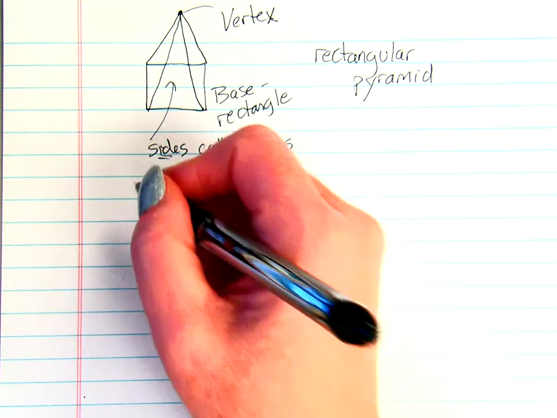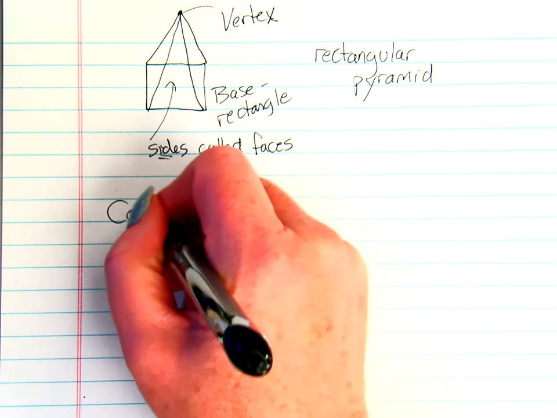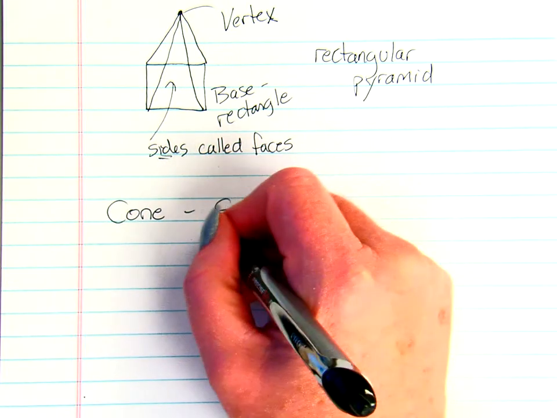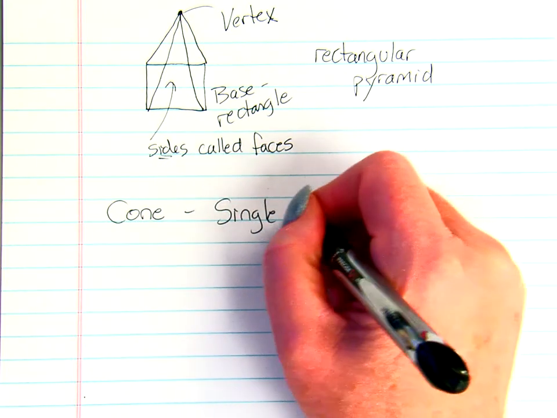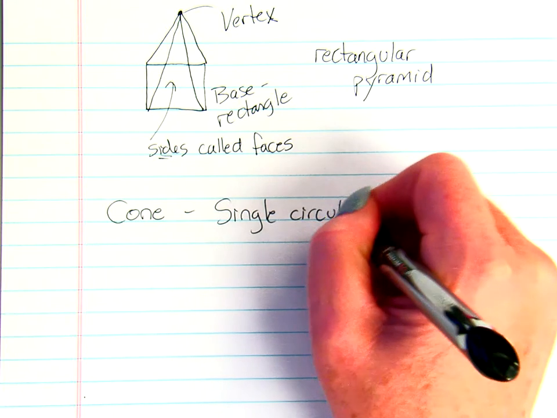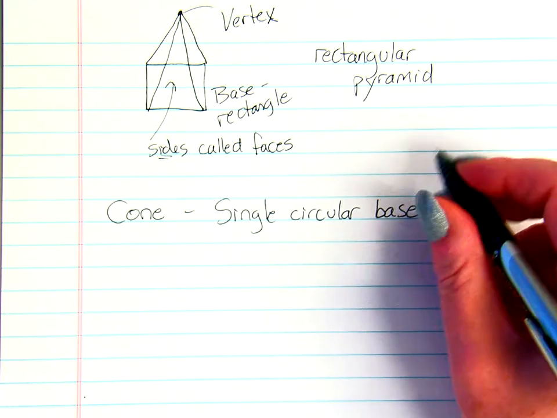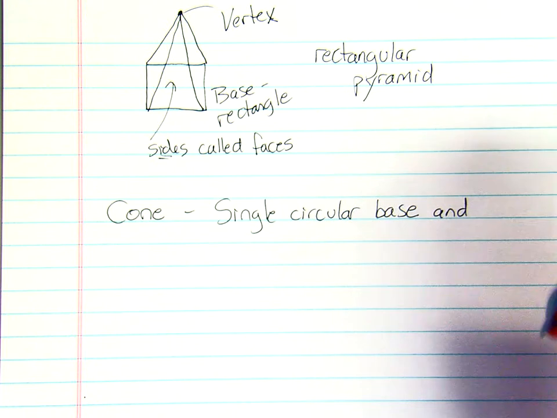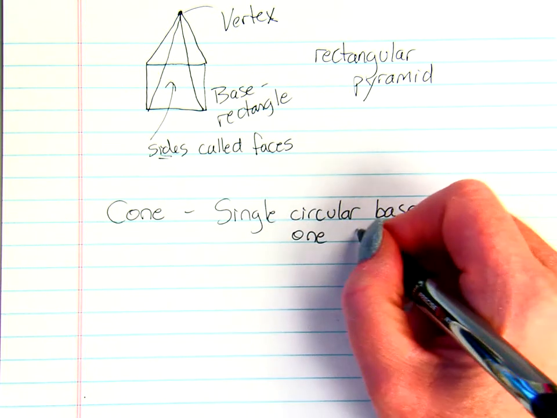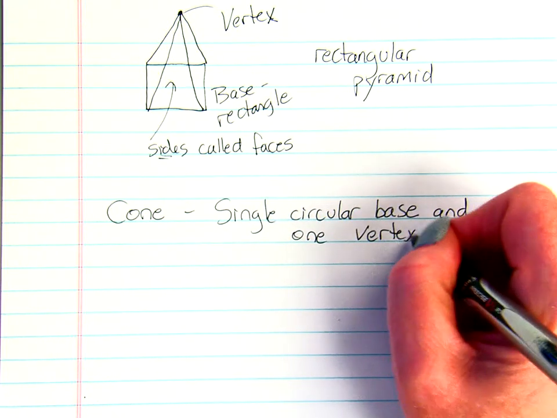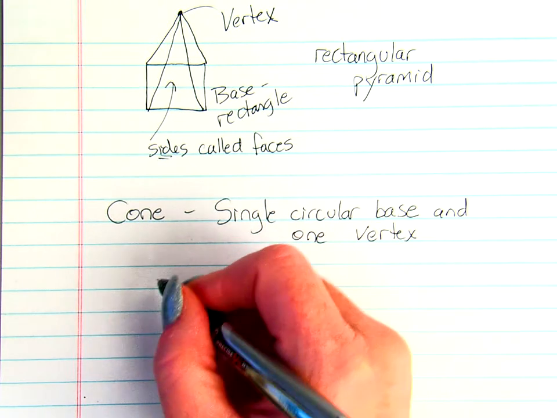From the pyramid, then we go to the cone. The cone has a single circular base and 1 vertex. It's pretty easy to draw. It just doesn't really look like anything.